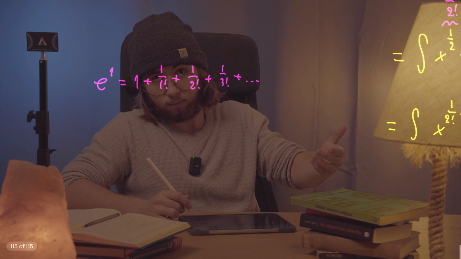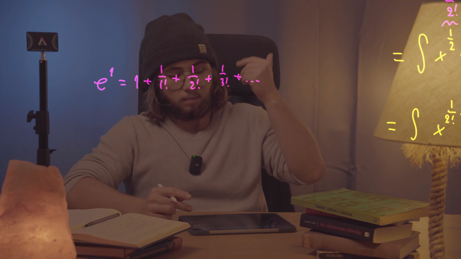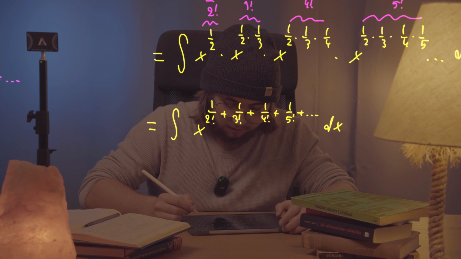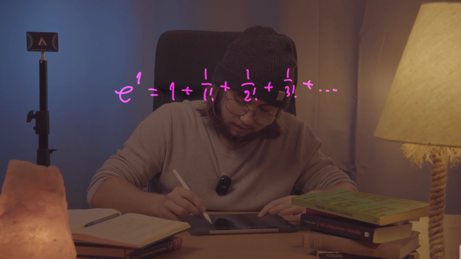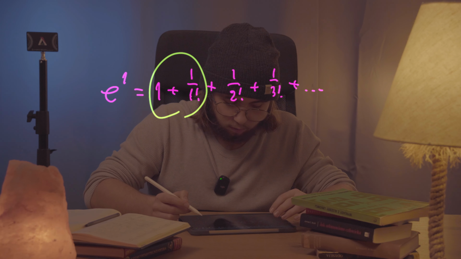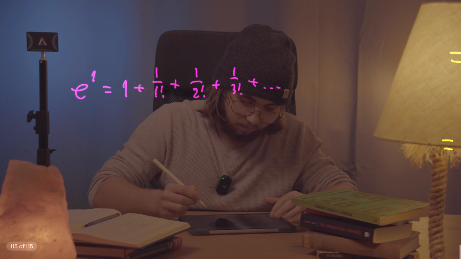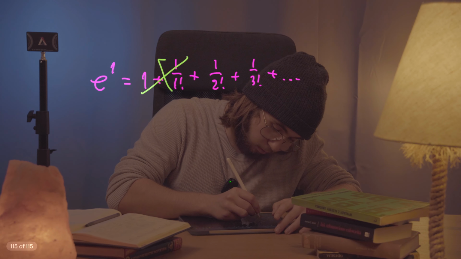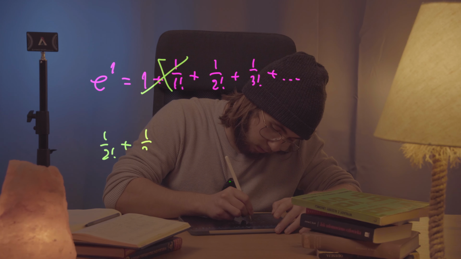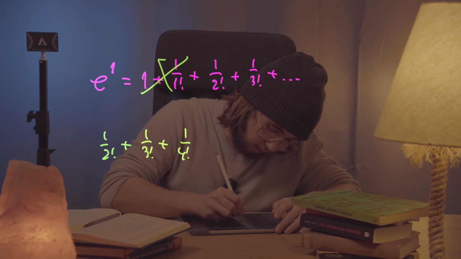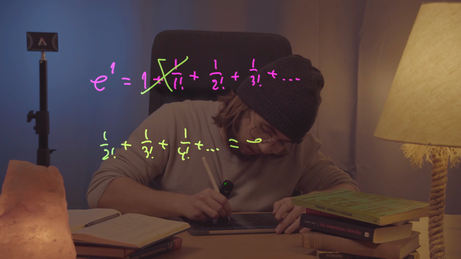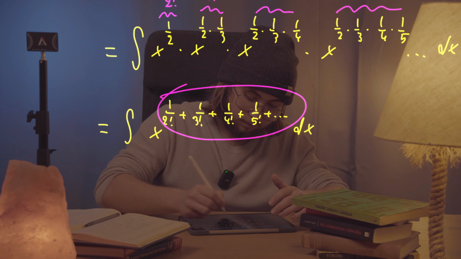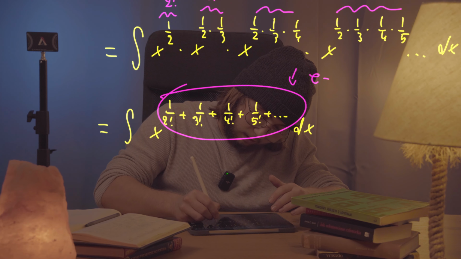The more terms we add up together, the more accurate the approximation is going to be. So this infinite sum is e. However, we are not adding the 1 and 1 over 1, so we are deleting those. And so 1 over 2 factorial plus 1 over 3 factorial plus 1 over 4 factorial and so on is equal to e minus 2. So this entire exponent is equal to e minus 2.